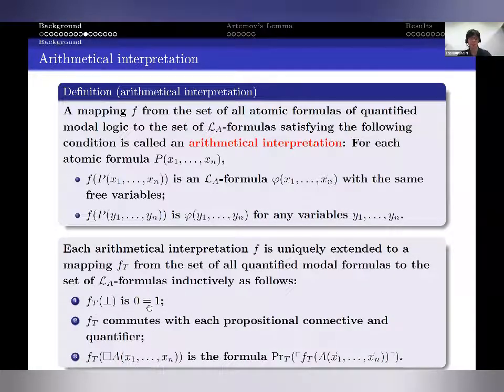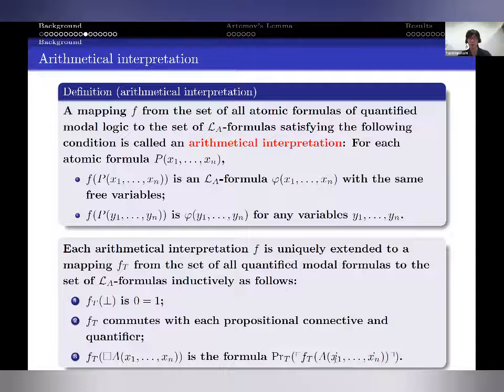Ft of bottom is 0 equal 1. Ft commutes with each propositional connective and quantifier. And Ft maps the formula box A of x1 to xn to the formula of this form.